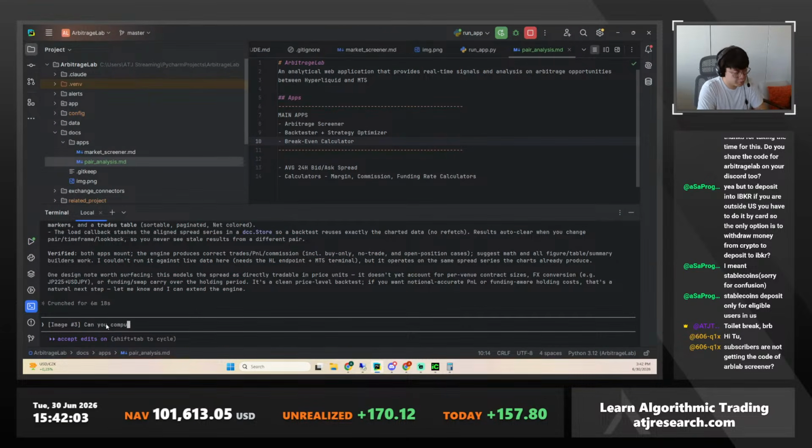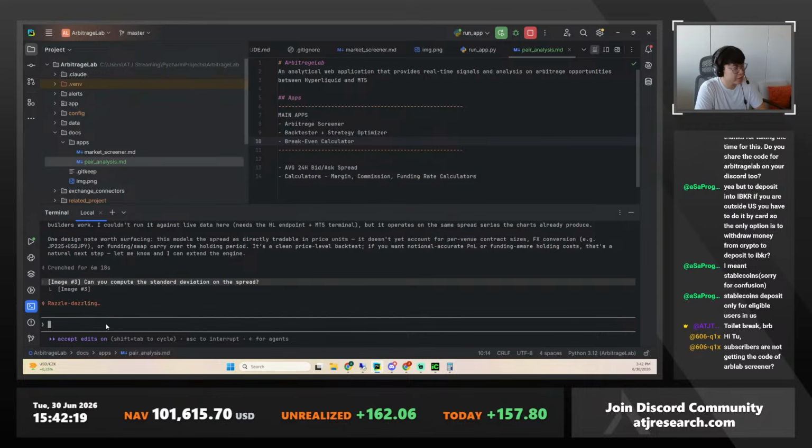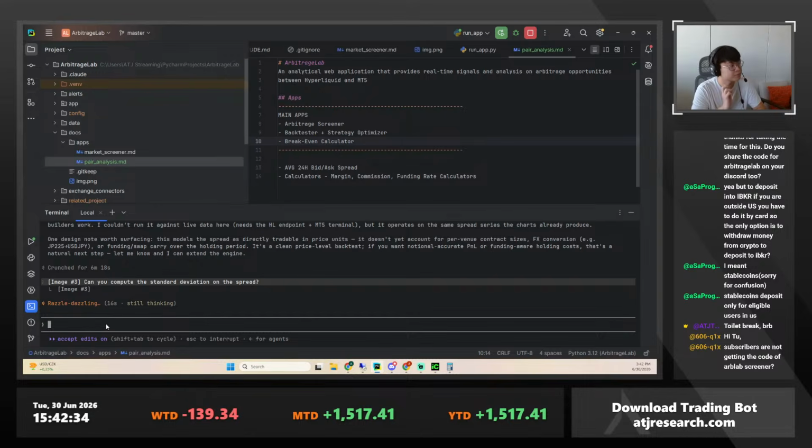Can you compute the standard deviation for the time window? So adding standard deviation gives you also a rough idea what the deviation is, and you can in theory use a deviation, like I want to go 1 or 2 deviations based on this historical data to buy and sell. So yeah, we can also do that, for example.